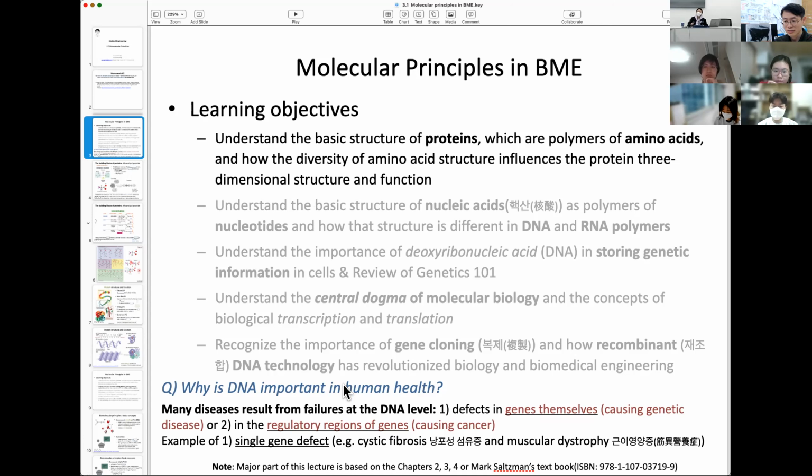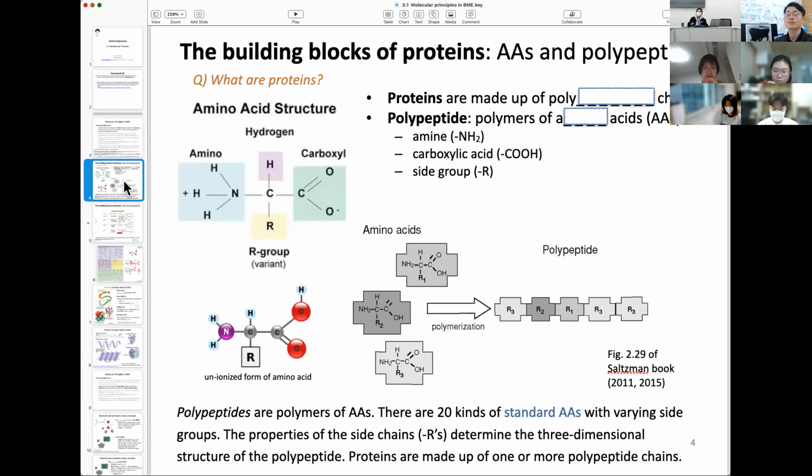Like we all know DNA, we all know that that's very important. I think I wrote some stuff down, we can go through it later. And then the building blocks of a protein, which are so-called amino acids and polypeptides. So I'm going to just go through with you one by one.